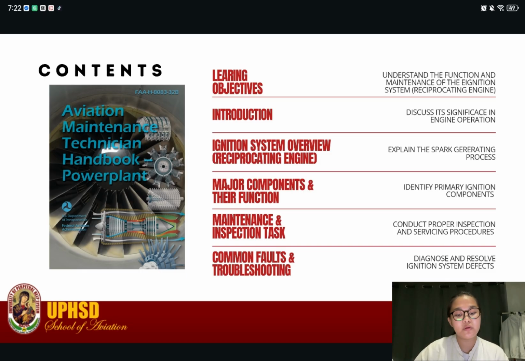For major components and their function, to identify the ignition components. The second one is maintenance and inspection tasks, to conduct the proper inspection and servicing procedures. And lastly, common faults and troubleshooting, to diagnose and resolve ignition system defects.